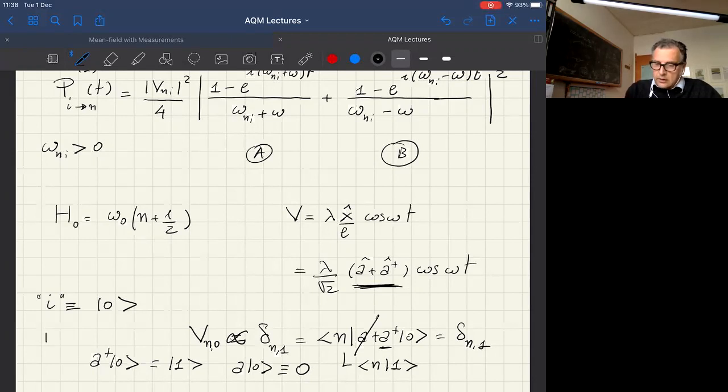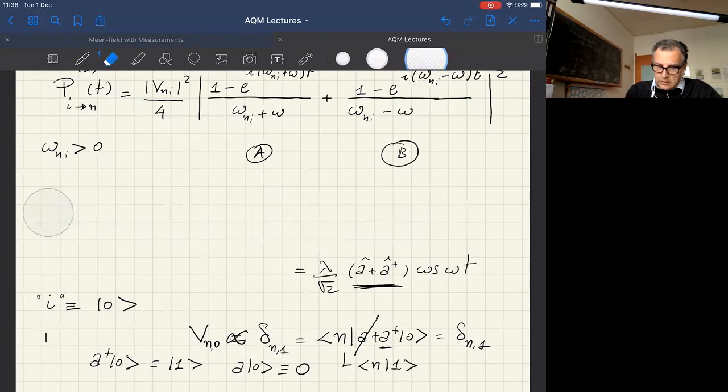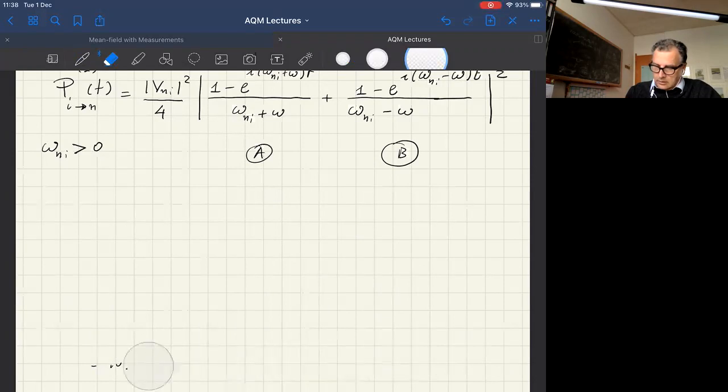So to summarize, the terms V_n will give you the selection rules.